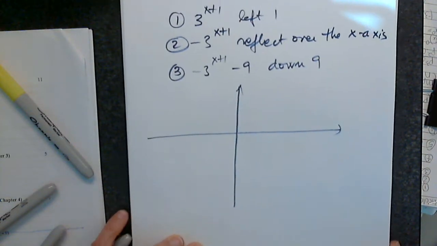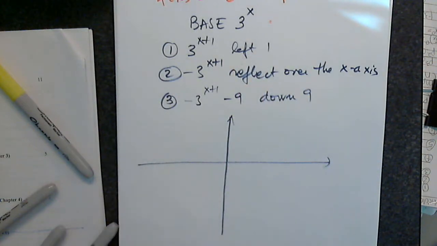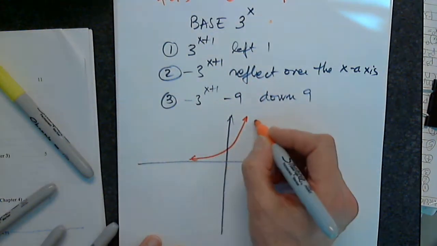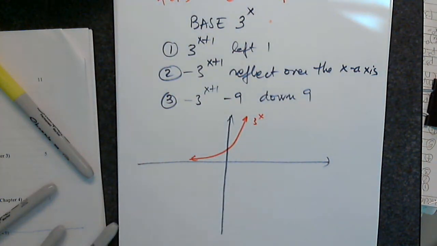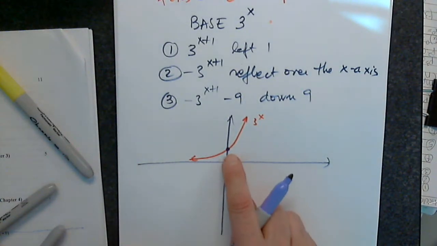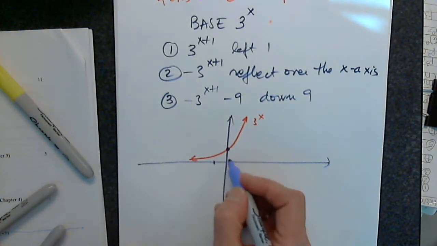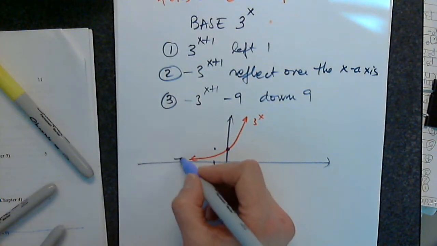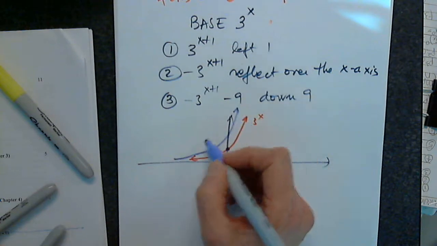Ready? So 3 to the x, very similar to 2 to the x. Then you said left shift of 1. So this point that is at 0, 1 will move to negative 1, 1. The horizontal asymptote stays the same.